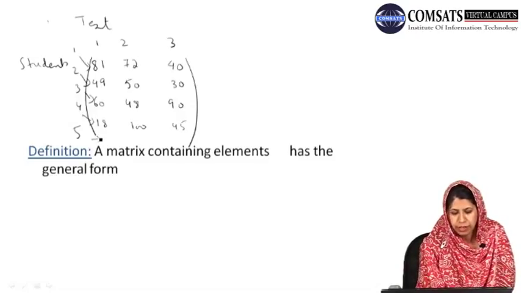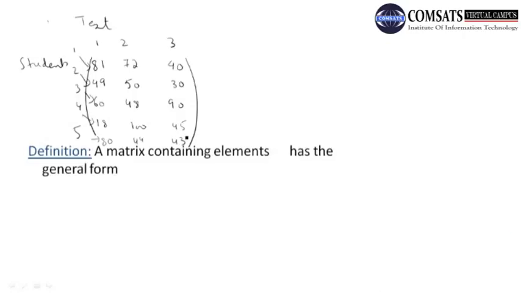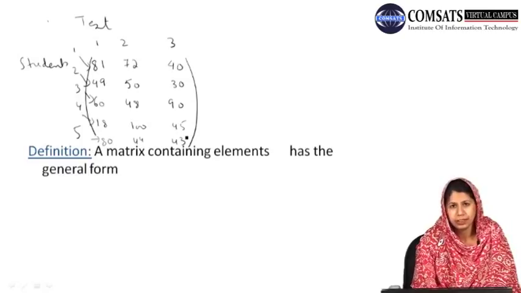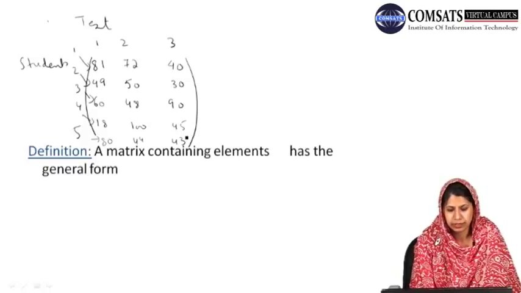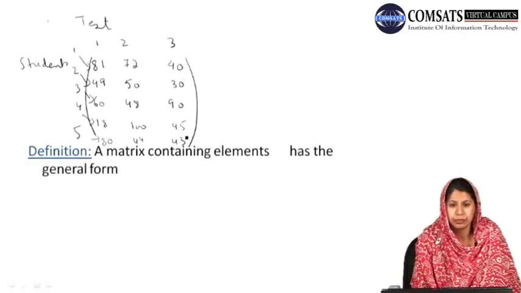And student number 5 has obtained 80 marks in test 1, 44 marks in test 2 and 43 marks in test 3. Then we have 5 students who have appeared in 3 exams, and we have maintained a record of the marks obtained in each exam in a rectangular array form, in a tabular form.